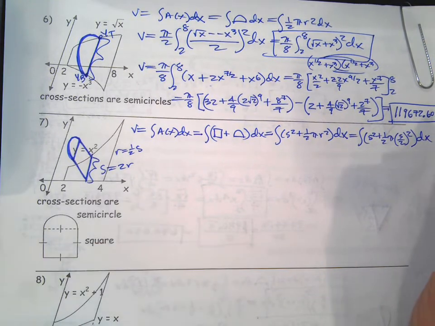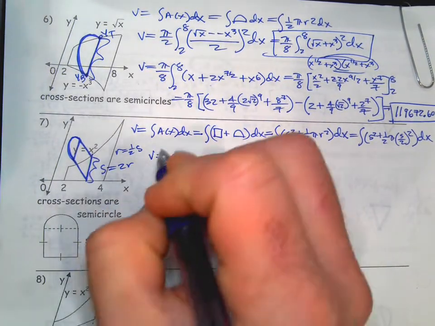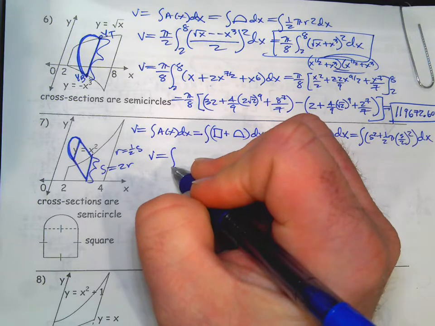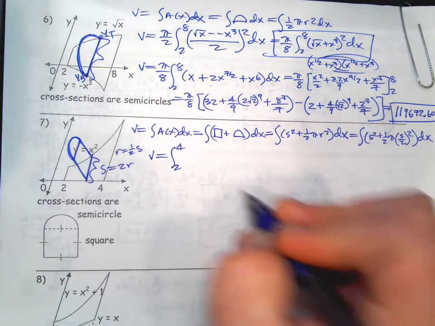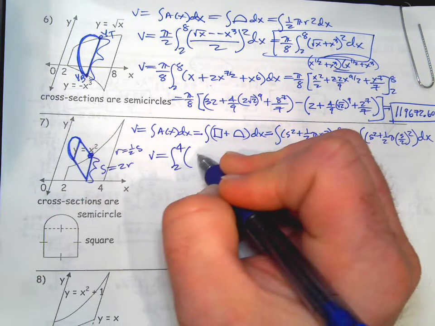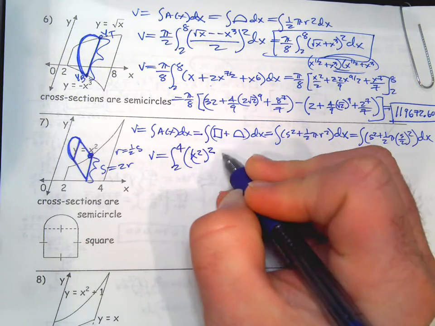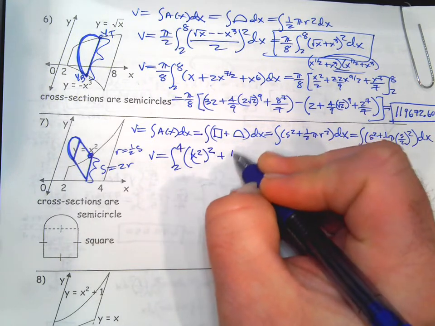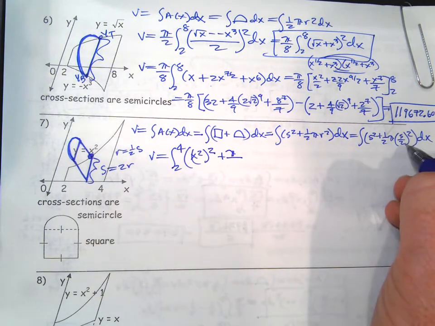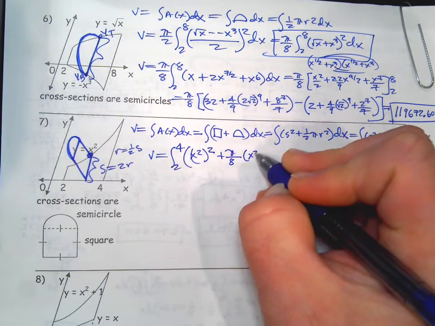All right. And so we're going from 2 to 4, and the sides are going to be the y value of this curve in terms of x, which is x squared, plus pi over 8, and then the side is going to be x squared.